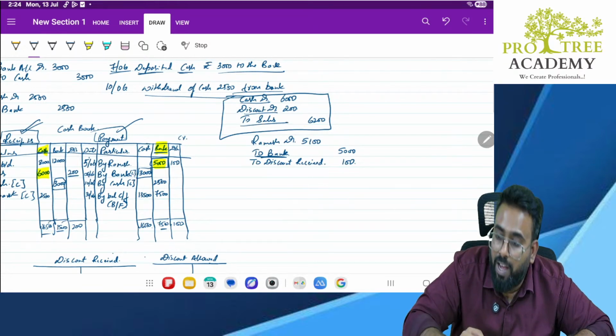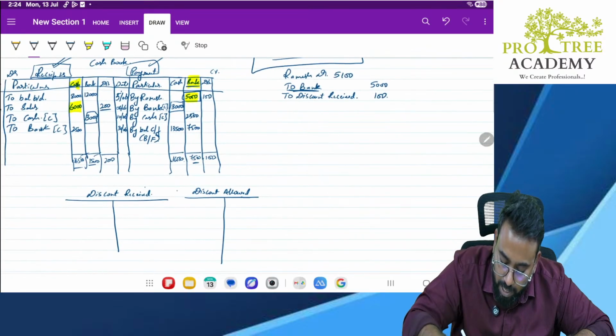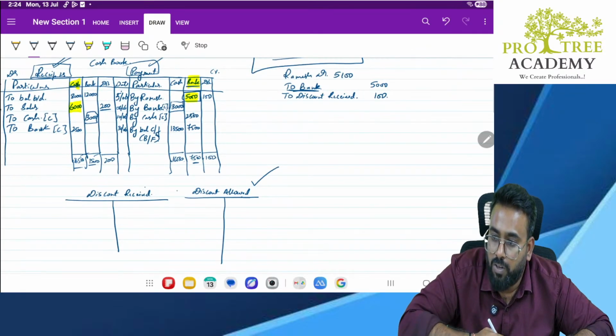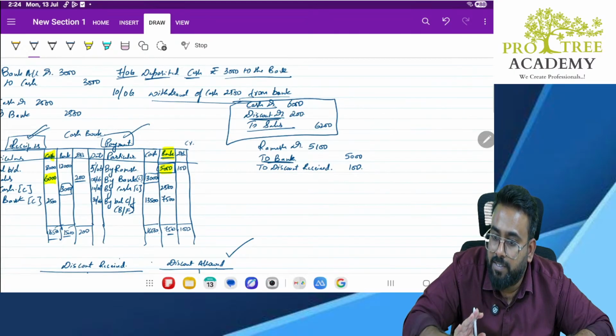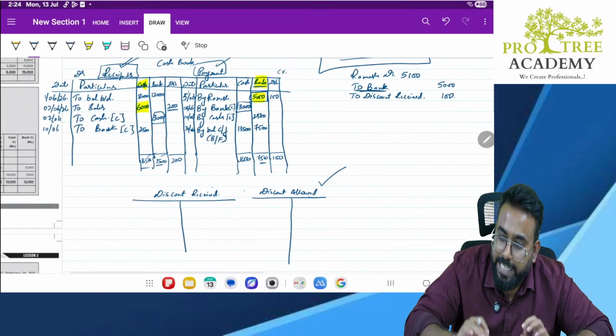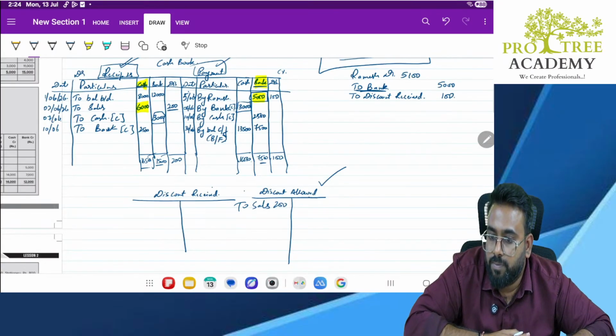Correct? Now, is this expenditure? Correct or no? It is discount allowed account. So discount is getting debited. So we should start on the debit side. To sales. Clear? To sales, 200.